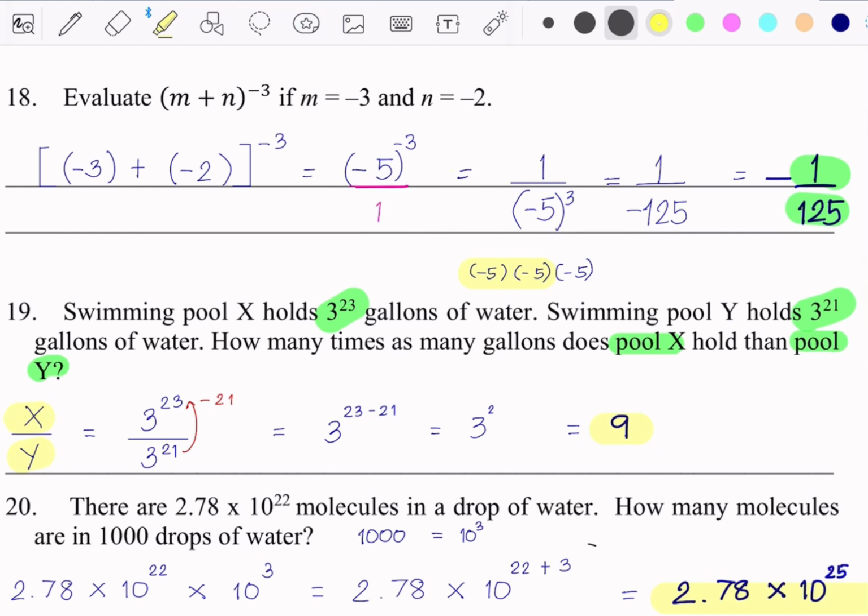So 3 to the power of 23, that is X, divided by 3 to the power of 21. You have noticed that we have the same base. Now if we have the same base, all we have to do is subtract the exponents. 23 minus 21 is equal to 2. Then we have 3 to the power of 2, which is equal to 9.